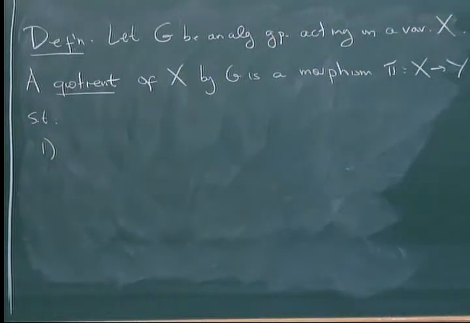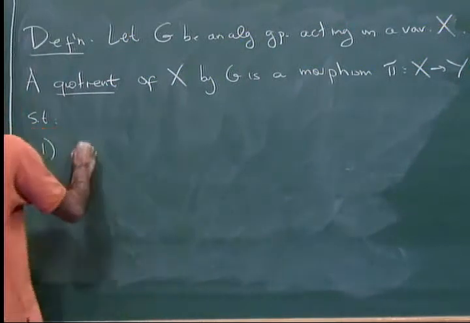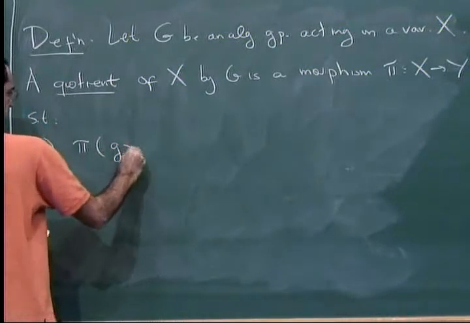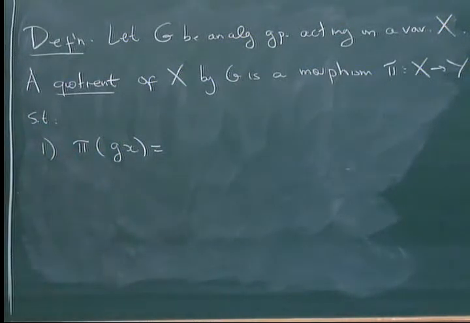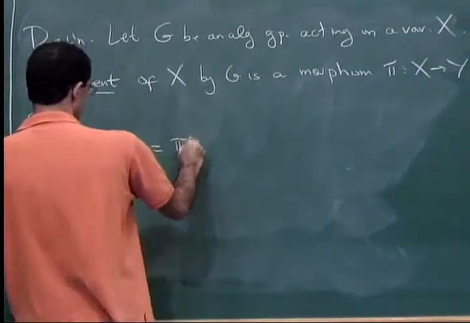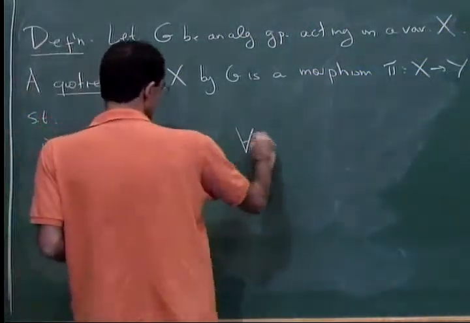First of all, it must send an orbit to a point. That is, if I apply G to X, then I get back the same thing as just with X.